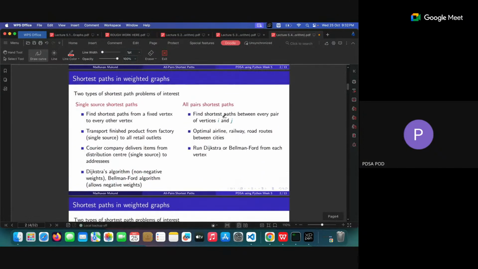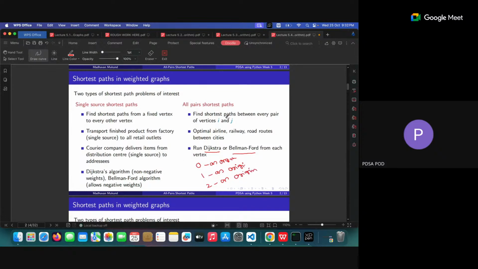One solution is to run Dijkstra's or Bellman-Ford for each vertex. Consider 0 as an origin and run it. Consider 1 as an origin and run it. Consider 2 as an origin and run it. Then you will get the complete solution.